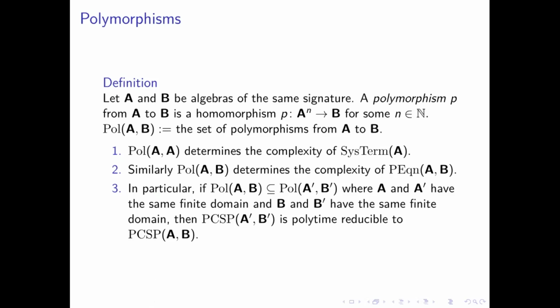And you also get fewer polymorphisms. The more operations you have, the harder it is for a function to be compatible with all those operations. So that's the intuition behind this statement in number 3 here.